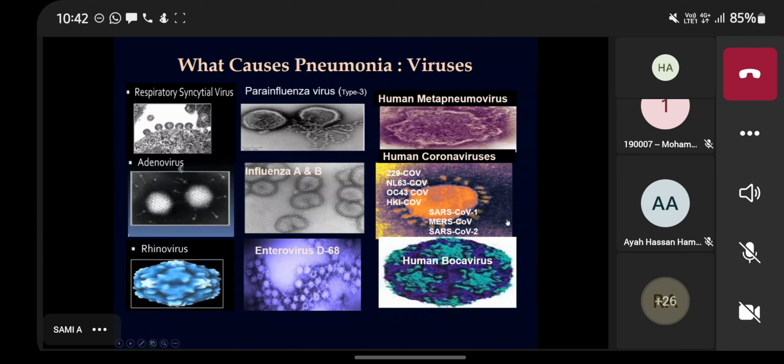Now, the SARS coronavirus, MERS coronavirus, SARS coronavirus 2, all these are pathogenic virus. Now, the SARS coronavirus, as you remember, it was very close or near pandemic. It occurred in November 2002, disappeared in July 2003. The civet cat in Hong Kong was the source for transmitting the virus.